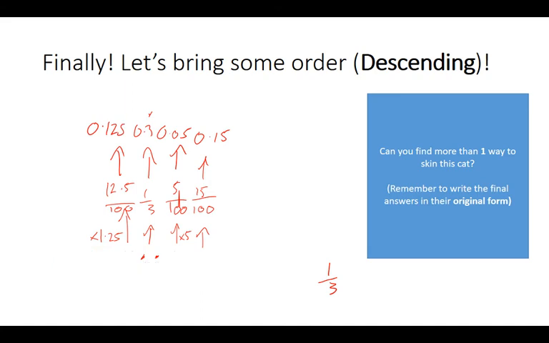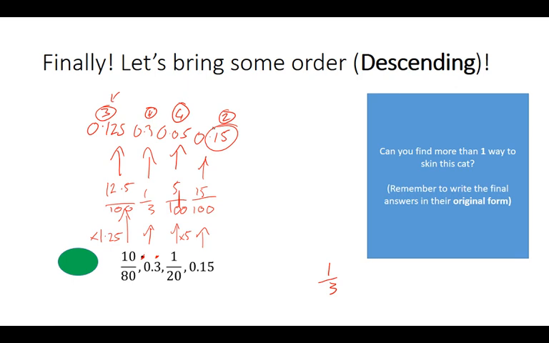Let's get ordering. Well, this is the largest, followed by this, then this, then this. Remember, this is not 0.125, it's 0.125. This is not 0.15, it is 0.15.